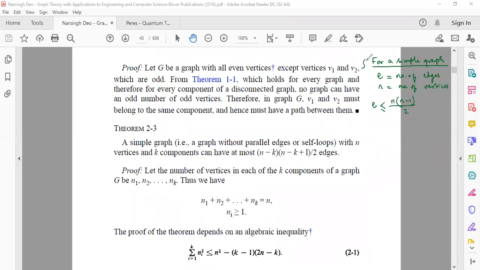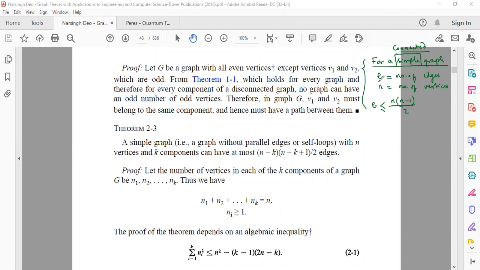We proved this result in our last class. Now, what was not told to you in that particular proof is that we not only considered the simple graph, but also we considered a kind of connected graph. I didn't say anything about this because the notion of connectedness was not introduced in the last class.